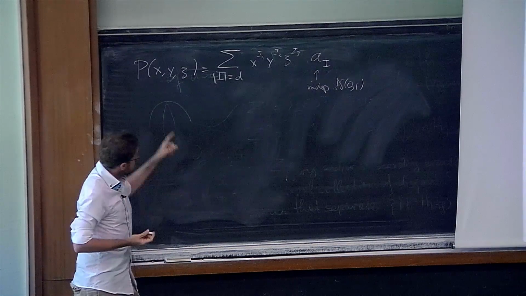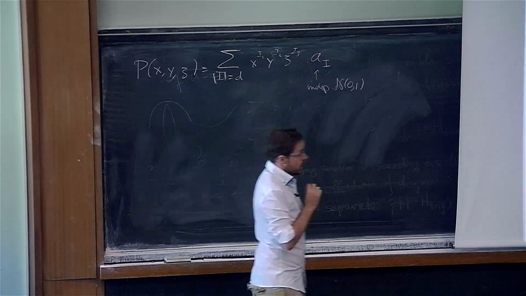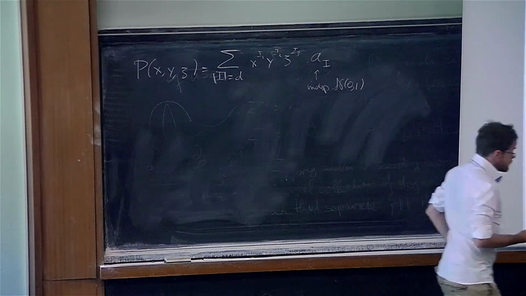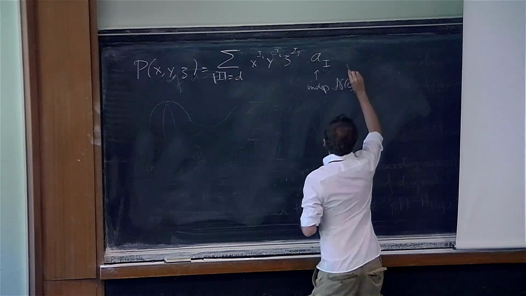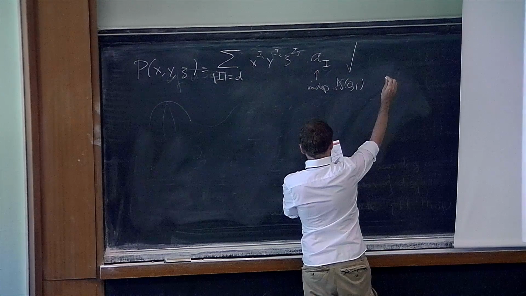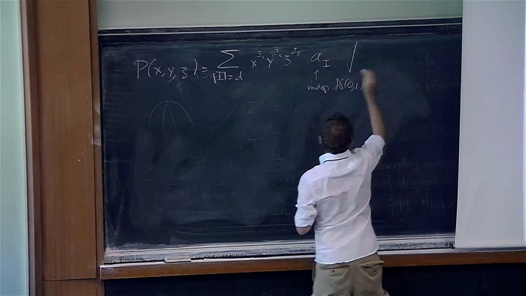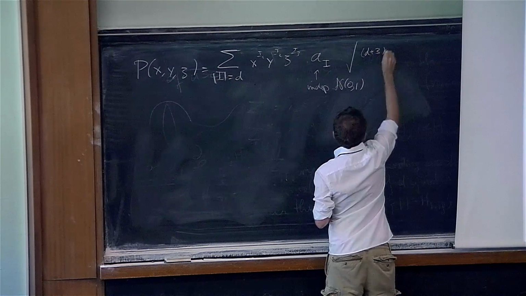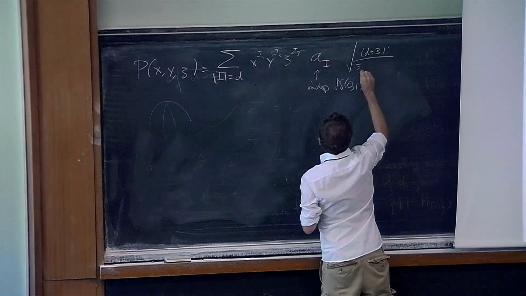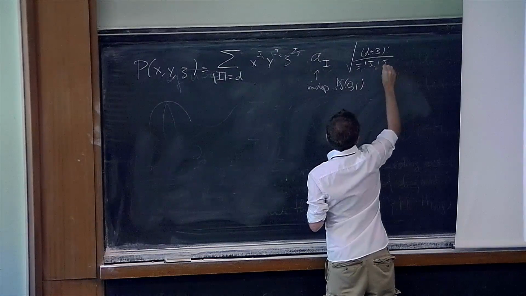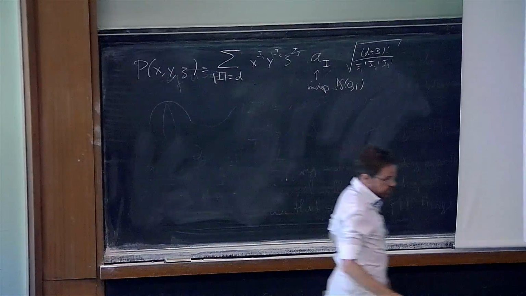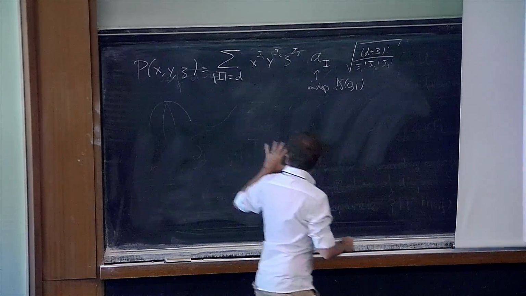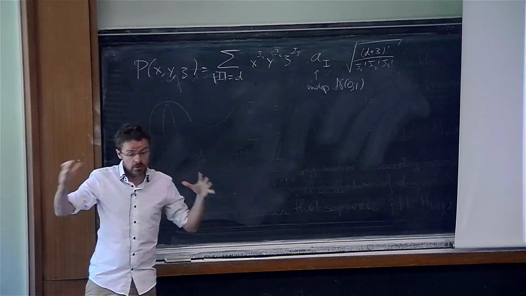And it turns out that the right way to do it is to normalize the coefficients in a way which I always get wrong, but which is something like square root of, so d is the degree, d plus 3 factorial over I1 factorial, I2 factorial, I3 factorial. So this is what you want to put if you want to have the distribution on the sphere to be invariant under the rotations of the sphere.